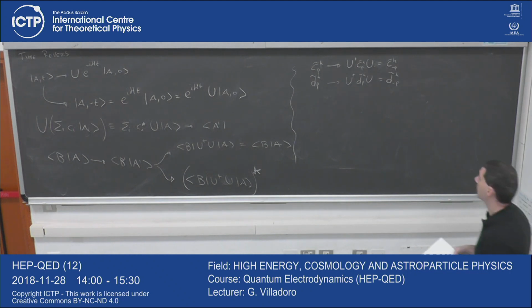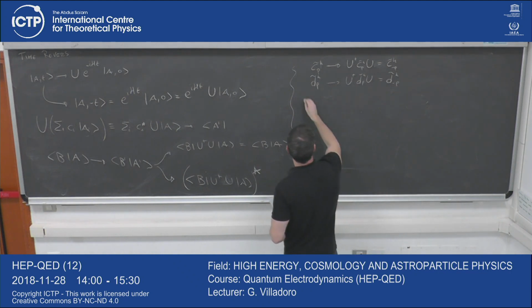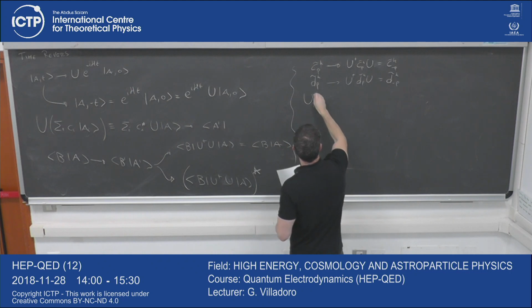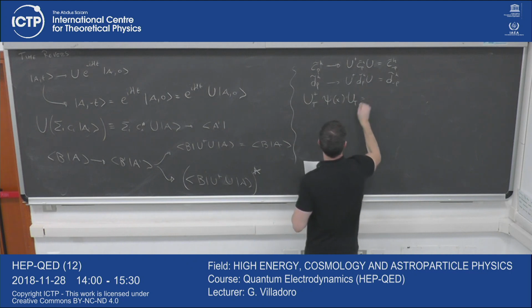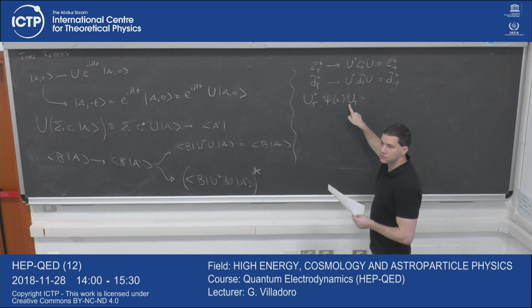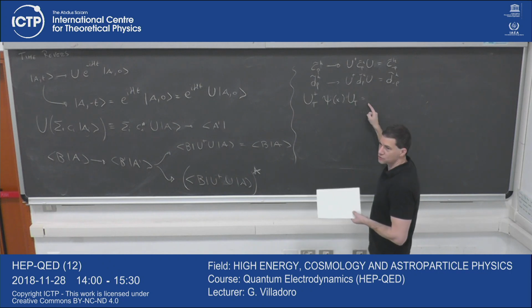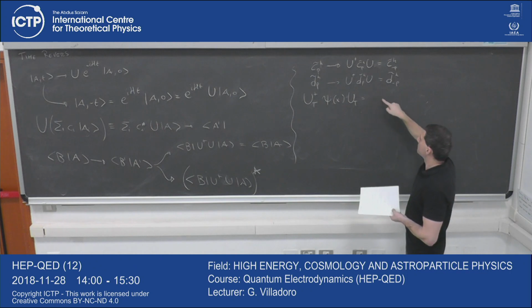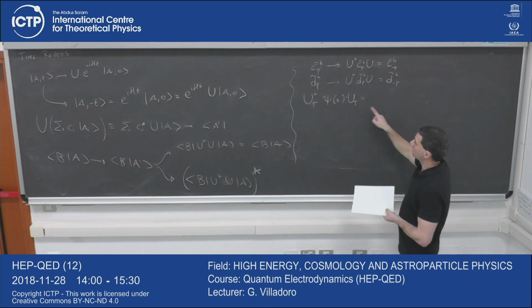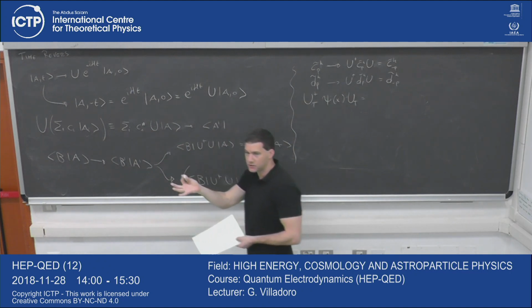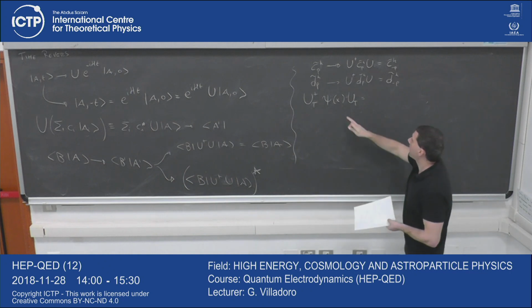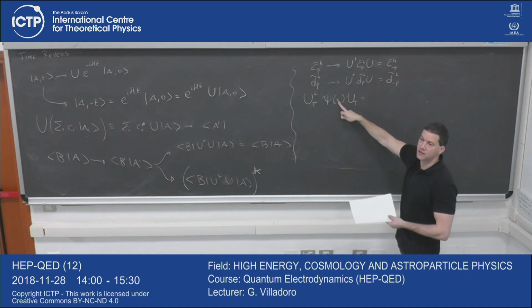Okay? And now you can compute the product U dagger psi U, which must match with the transformation on the psi field, which will be implemented by some matrix acting on the spinors, like the C matrix, the S, and computed in the time inverted argument.